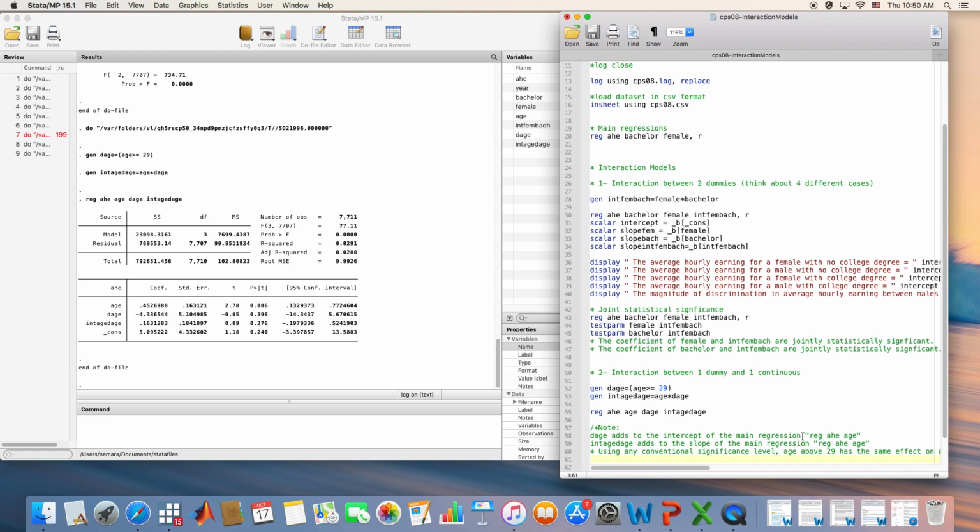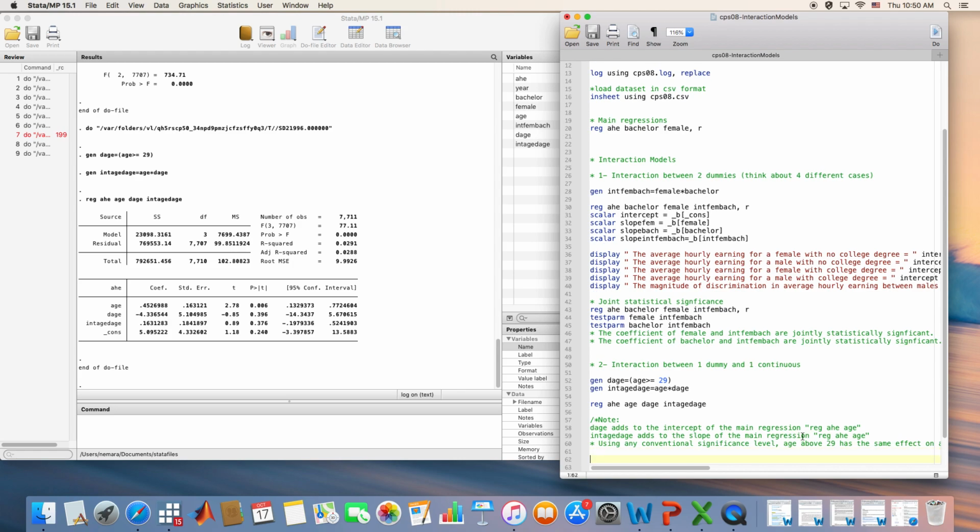Can we test whether the two lines are the same? Suppose I'm asking you to test whether the two lines have the same slope. What are the two lines?